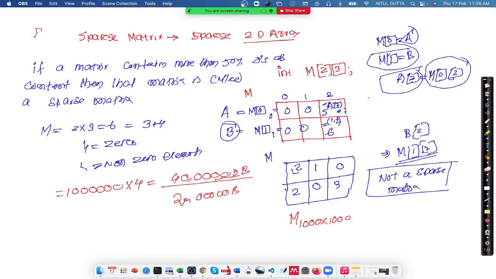In that case we are wasting 50% of the total space occupied by the matrix.